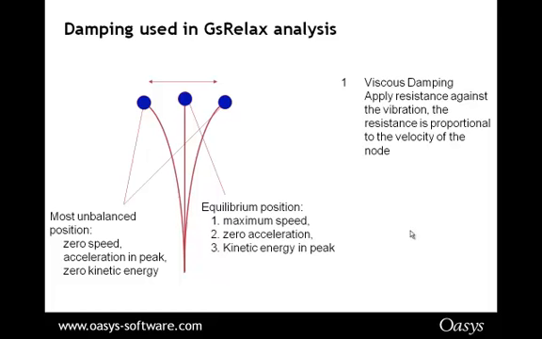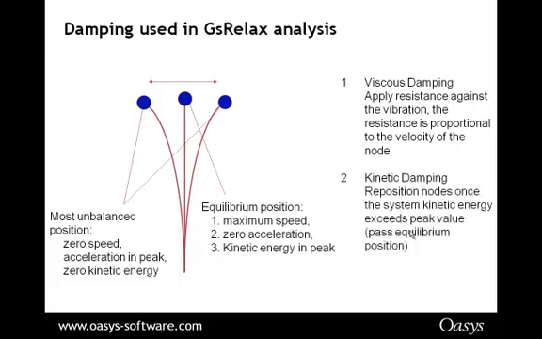Viscous damping, which applies a resistance based on the speed or the velocity that the nodes are moving at. Or kinetic damping, which says the point where the kinetic energy is maximum is going to be the equilibrium position. Therefore, if we estimate where the equilibrium position is, adjust the model to that, and then apply the loads again, it should converge likewise.